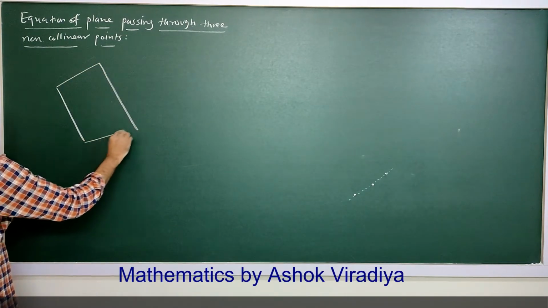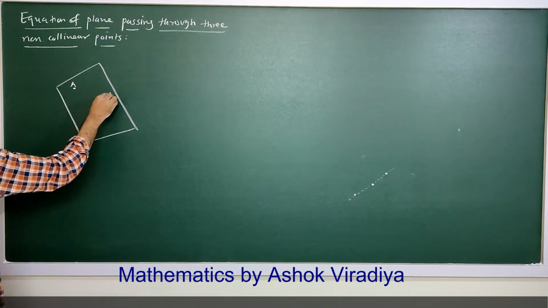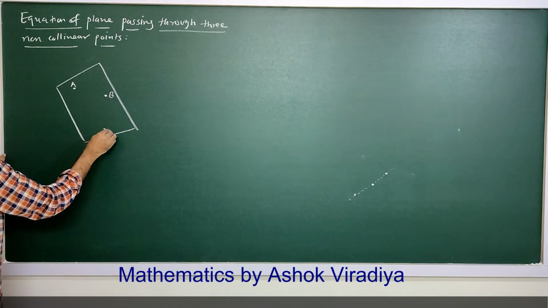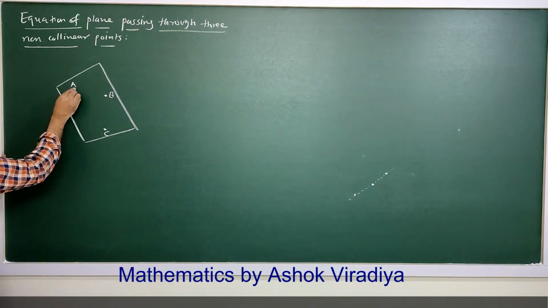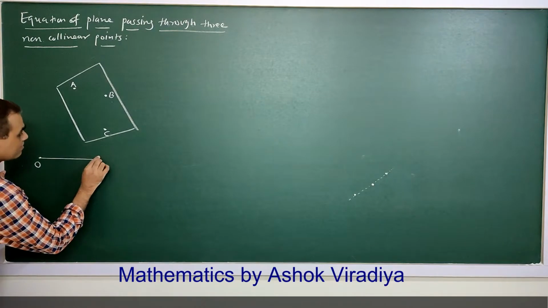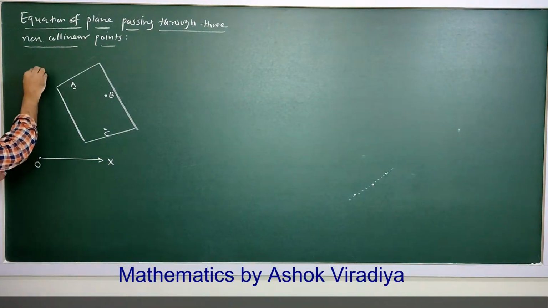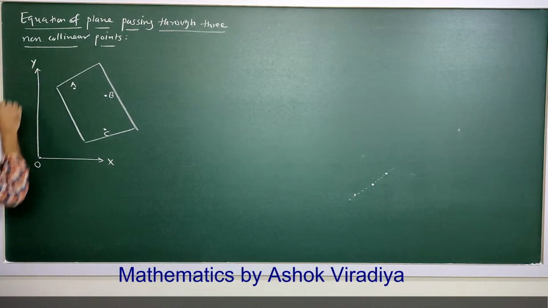This plane is passing through 3 points A, B, C. These are non-collinear points. Suppose O is the origin. That means somewhere here this is the x-axis, this is the y-axis, and here this is the z-axis.